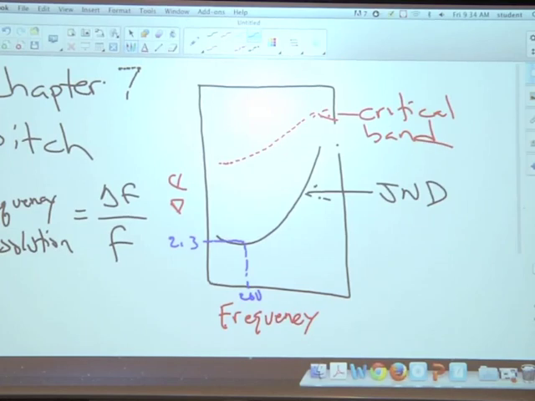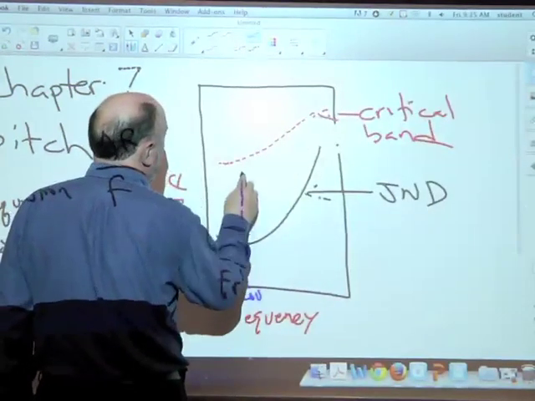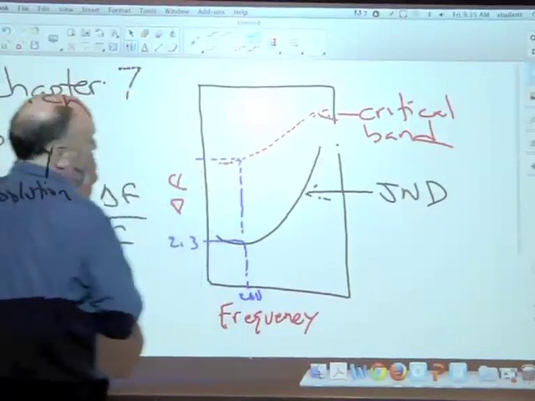So now you just follow it up, and you're less than 100. 98.9. That's pretty good given the scale on this graph.